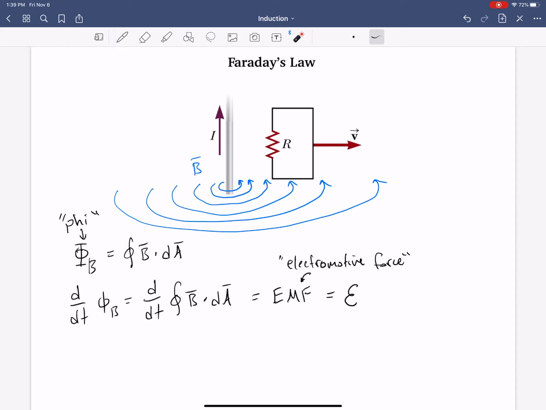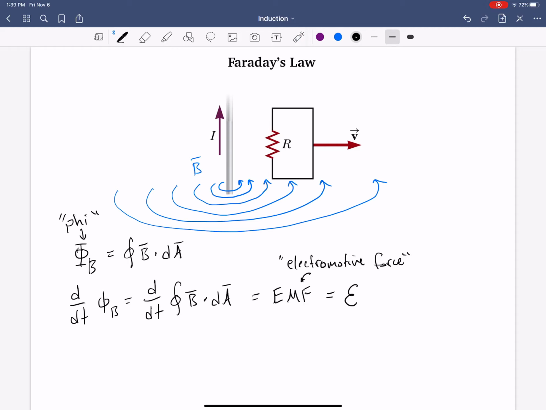And that comes from the fact that the magnetic flux through this closed area that the wire encompasses is changing, either increasing or decreasing. And that's why we have, well, it's being pulled away at some speed. So you might say that the flux in this case is decreasing. If it's moving towards the wire, the flux would be increasing.